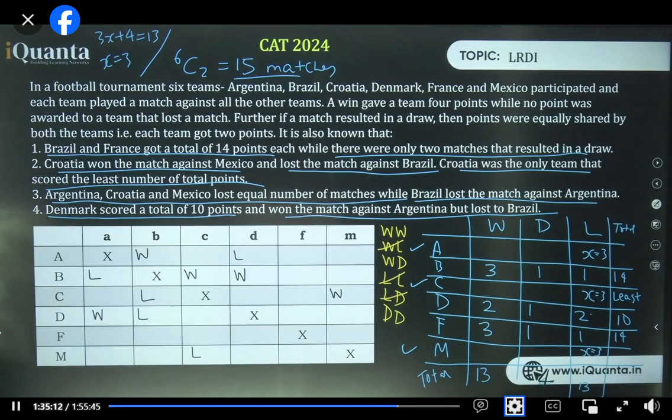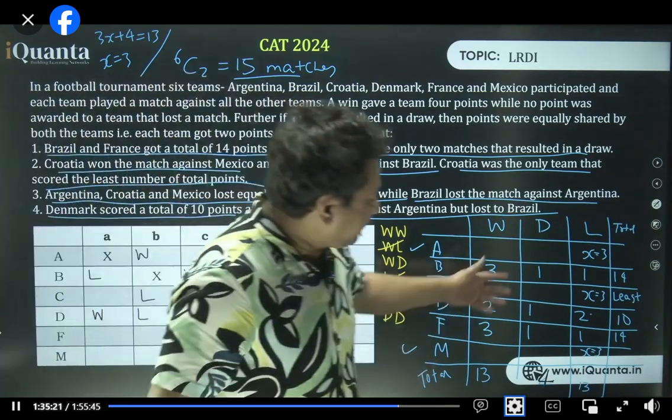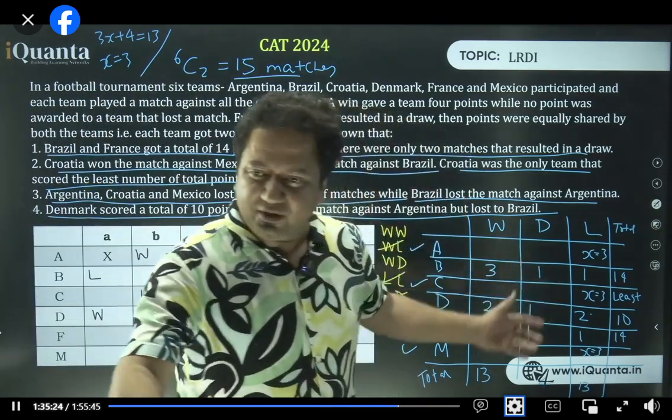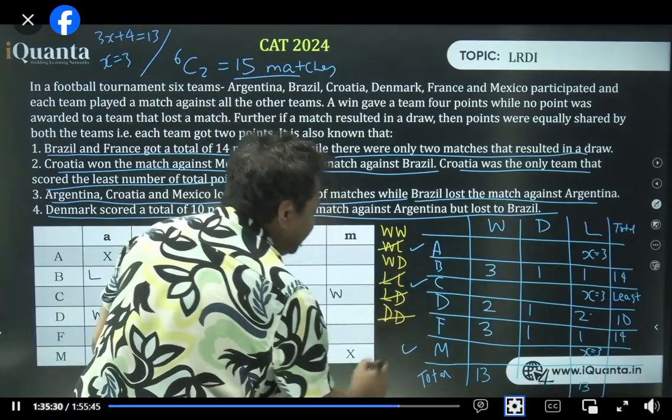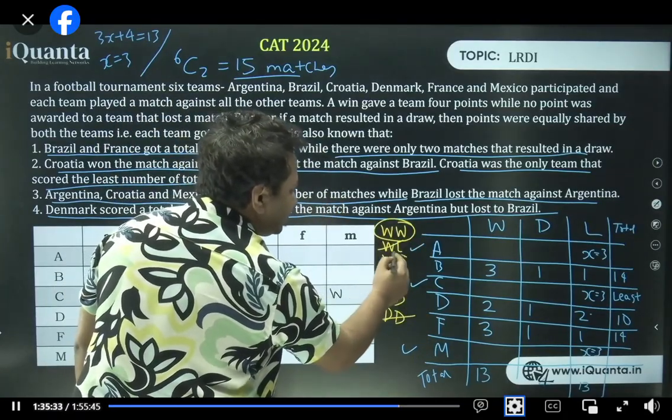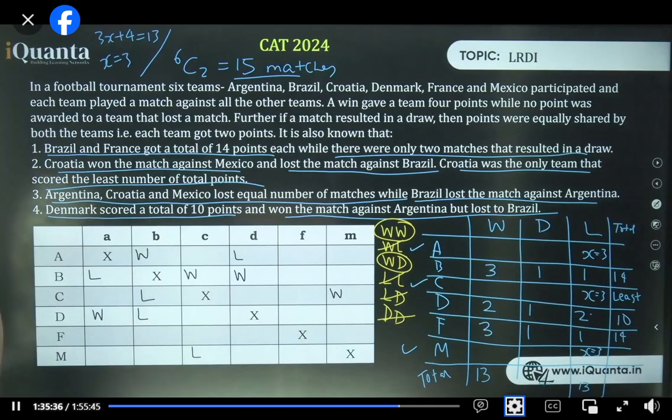Now what can be done? See, 3 draws have already been accommodated. Now there can be only 1 draw. That means the 2 draws possibility is also rejected. So we have only 2 possibilities: 2 wins or win-draw. Clear? Perfect. Suyash, very good.